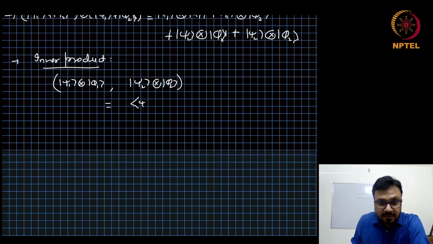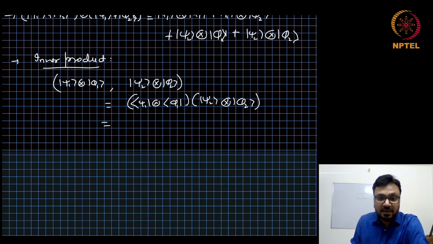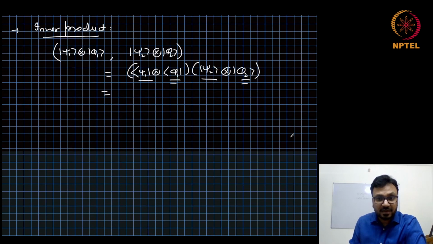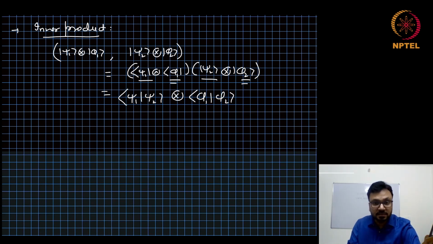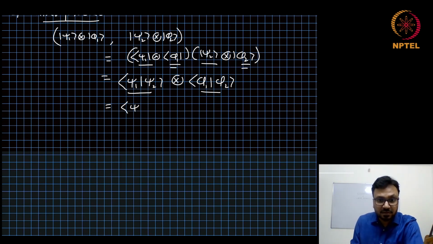That will be the inner product of psi1 tensor phi1 with psi2 tensor phi2, and the subsystem A states will have an inner product separately and subsystem B states will have an inner product separately. So it will be the inner product of psi1 with psi2, tensor the inner product of phi1 with phi2, and since this is a scalar and this is a scalar, the tensor product does not act on scalars, so it will be just the product of the inner product of psi1, psi2 and the inner product of phi1, phi2.